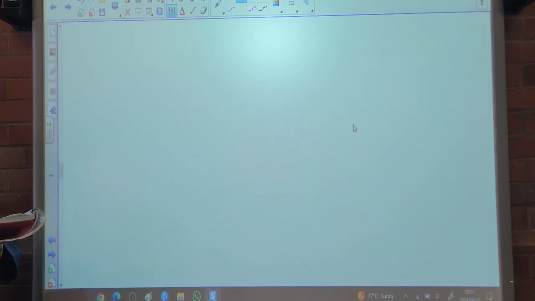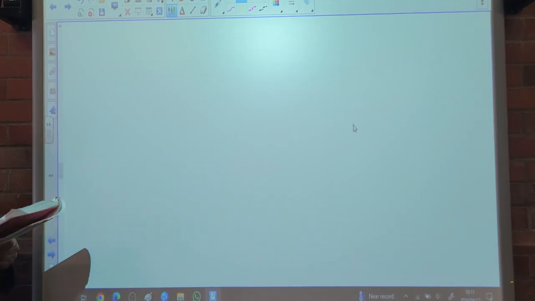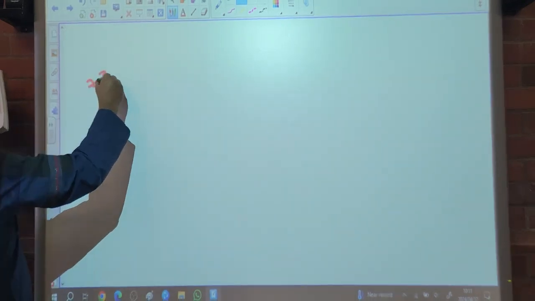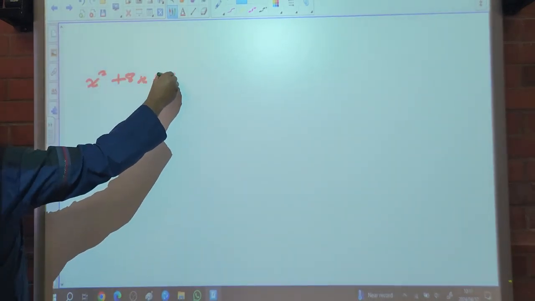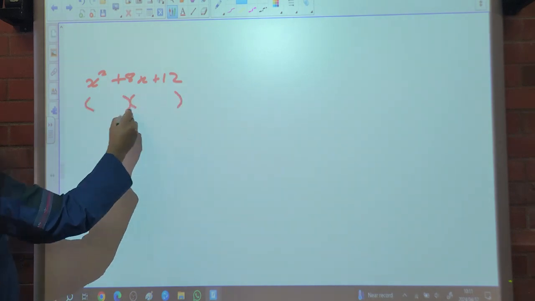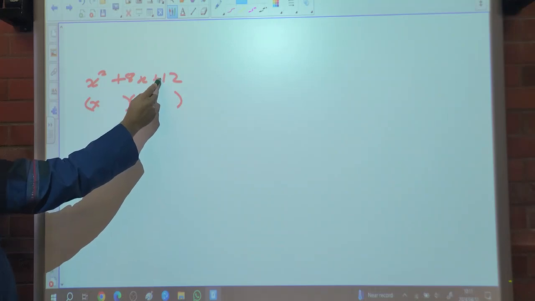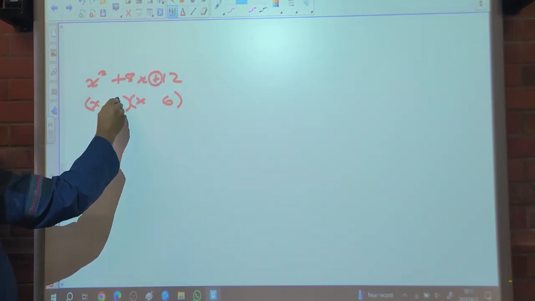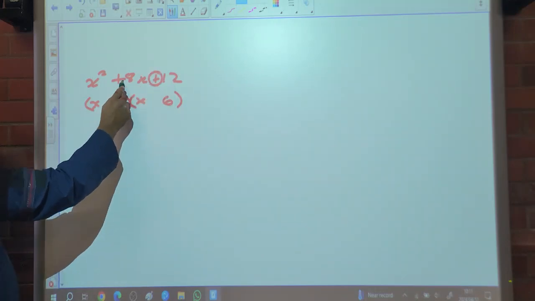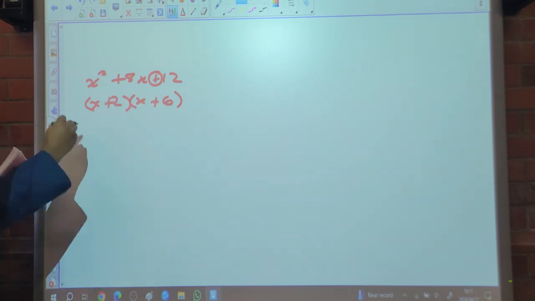Okay, so the first answer is x plus 2, x plus 3. Number 2, you got x squared plus 8x plus 12. So in your brackets should be x and x. You must add. Do we add or subtract the products? We add, so it's going to be 6 and 2. 6 times 2 is 12. Add it, you get 8, so both are positive.